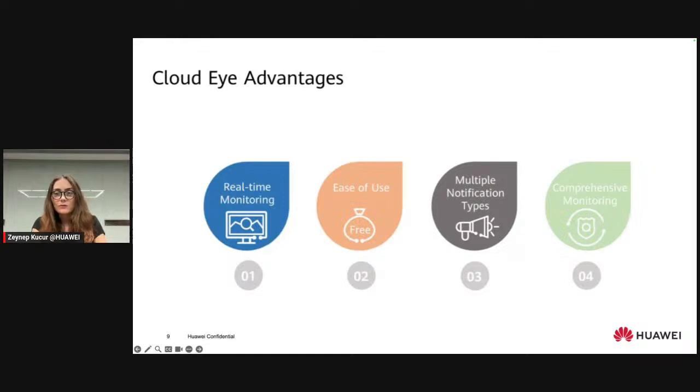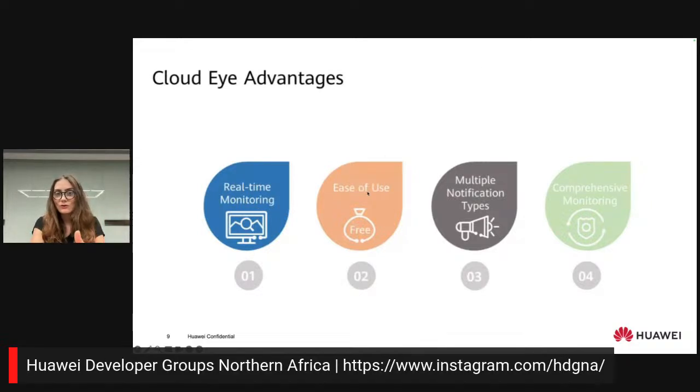With Cloud Eye's comprehensive monitoring, you gain actionable insights from detailed metrics and monitor custom metrics with tools like agents, APIs, and SDKs. Real-time monitoring, ease of use, multiple notification types, and comprehensive monitoring are the key advantages of using our service, Cloud Eye.